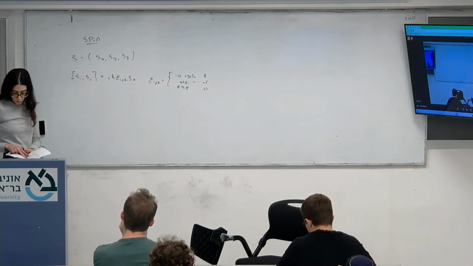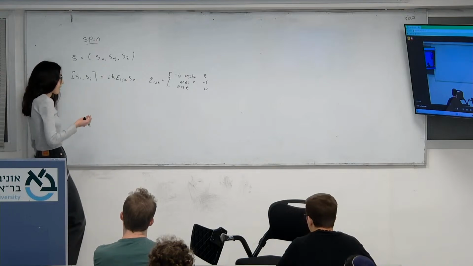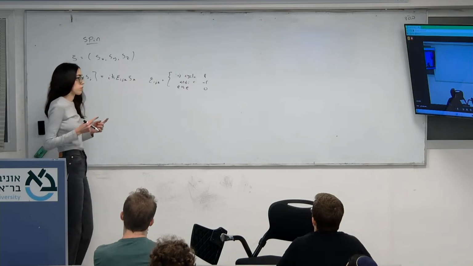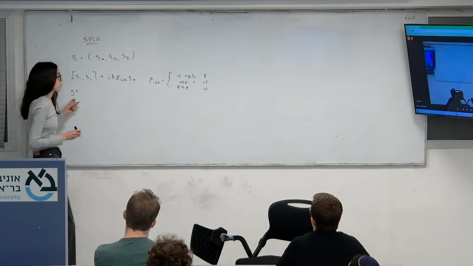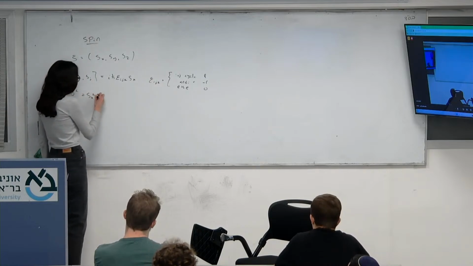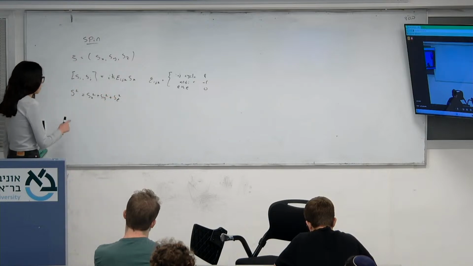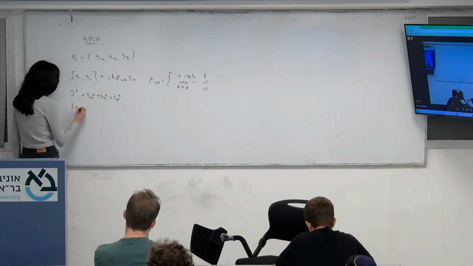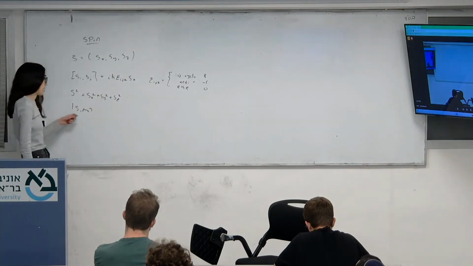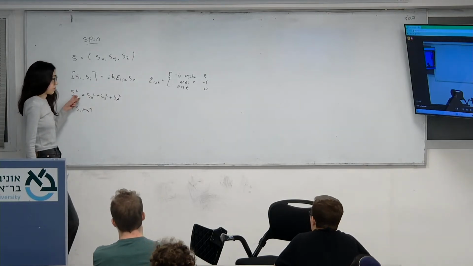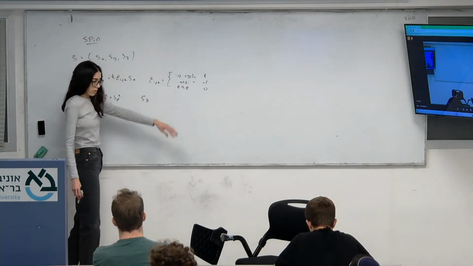What else? Yeah, so the eigenstates of the operators. We have 2 operators that we usually look at. So S squared, which is Sx squared plus Sy squared plus Sz squared. The eigenstates consist of 2 quantum numbers: s is the quantum number of S squared, and m_s is the quantum number of the projection on the z direction.